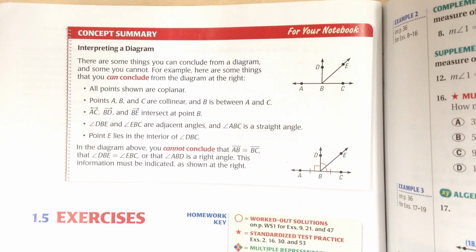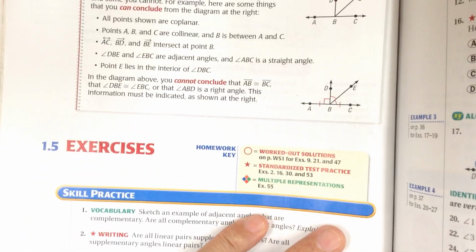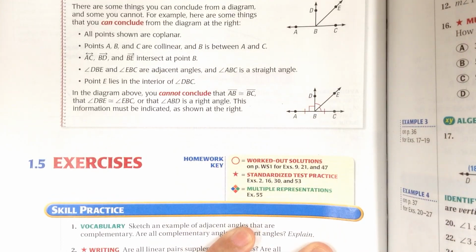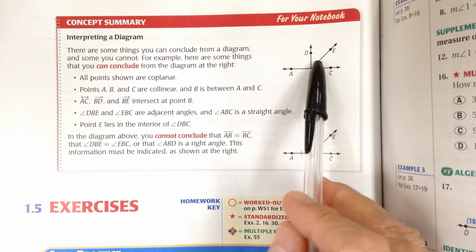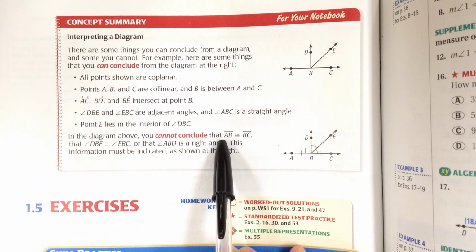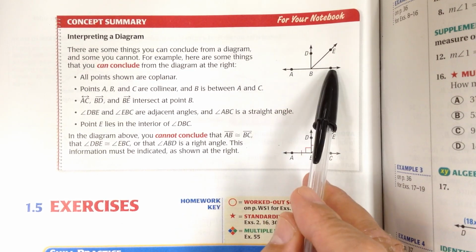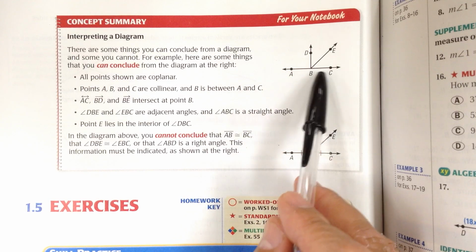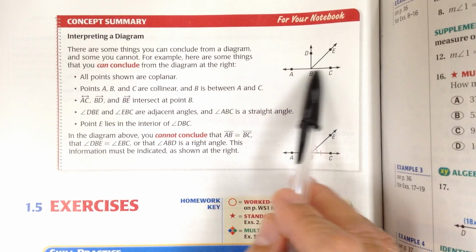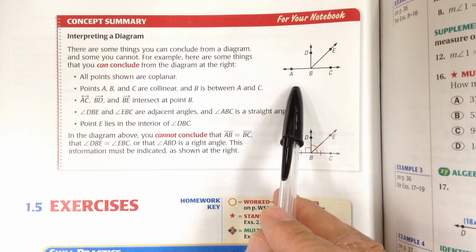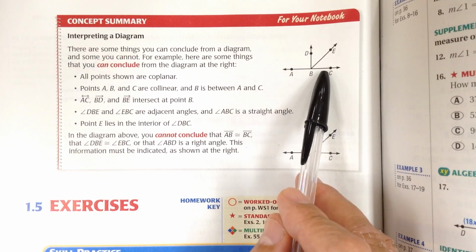Now here come the things important to know. From this picture, you cannot conclude that AB is congruent to BC. You cannot conclude that this is congruent to that. You don't know, because sometimes the picture may not be drawn to scale. There's no way of telling if this is congruent to that.